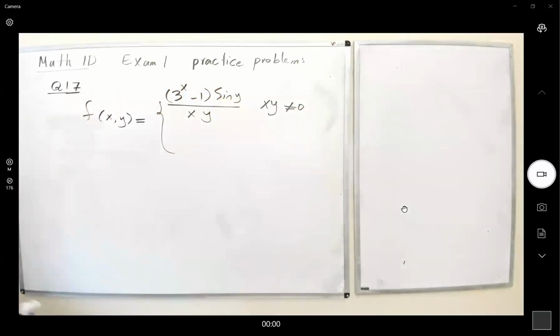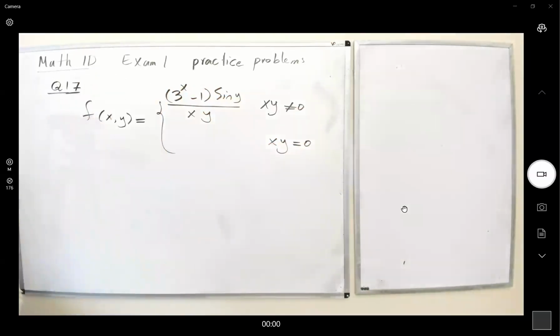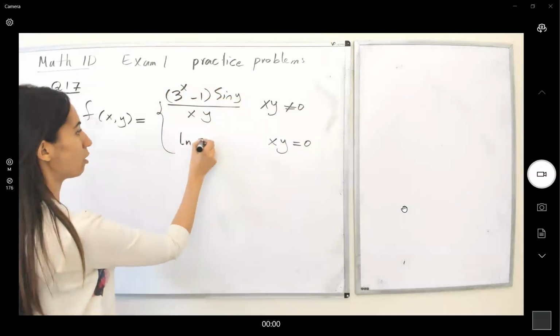And if xy is equal to 0, it means that we are trying to include 0 and 0 in the domain. We define the function to be ln of 3.